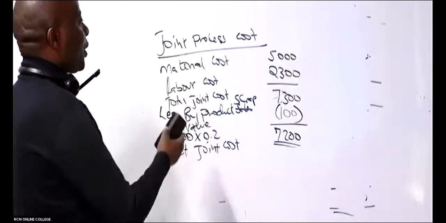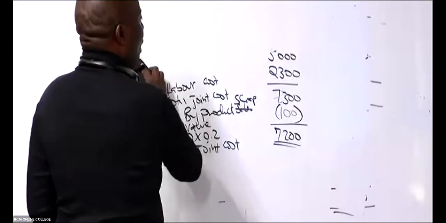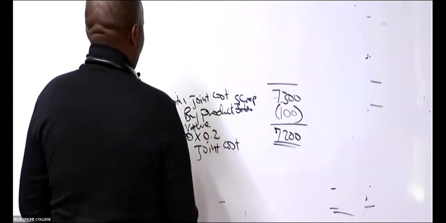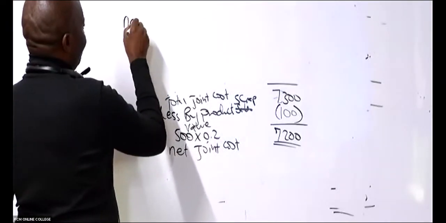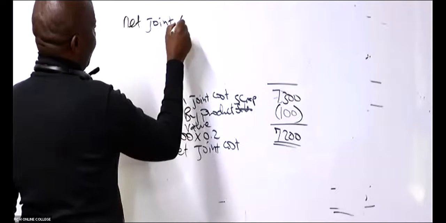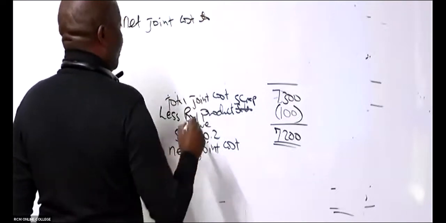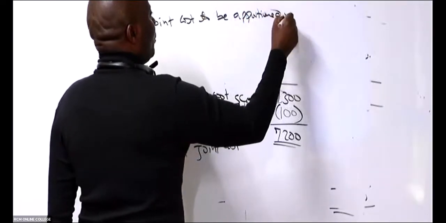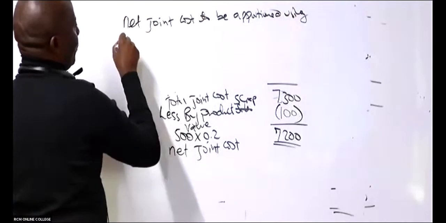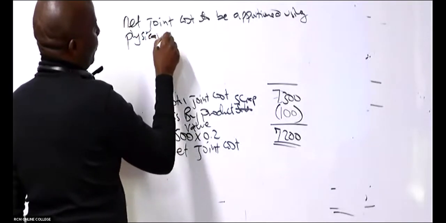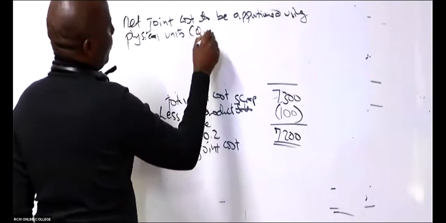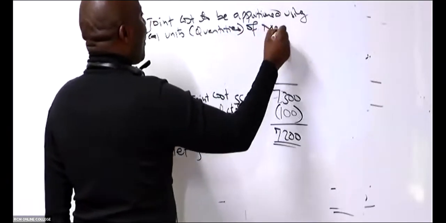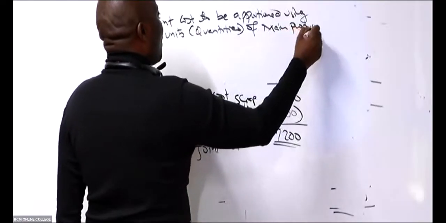So the net joint cost is to be apportioned using number of units produced, of main products. Don't use byproducts.